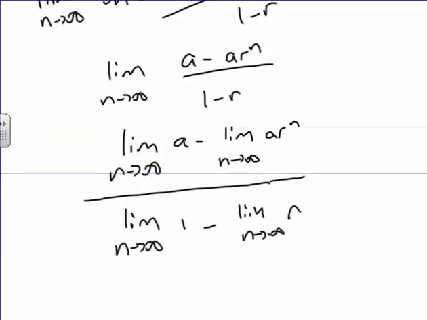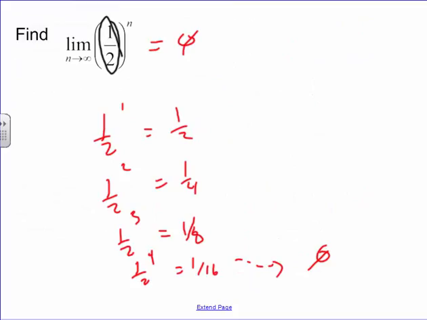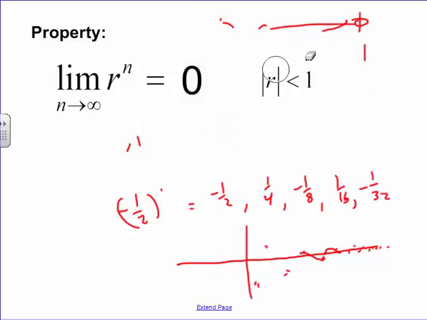Now at this point, I remember what I know about r. That ratio had to be a fractional number, which means that I can apply a rule that I learned way back. Sorry that I have to jump around a little bit. The rule is, remember, if r is a number less than 1, and it's going to the power of n, it's equal to 0.